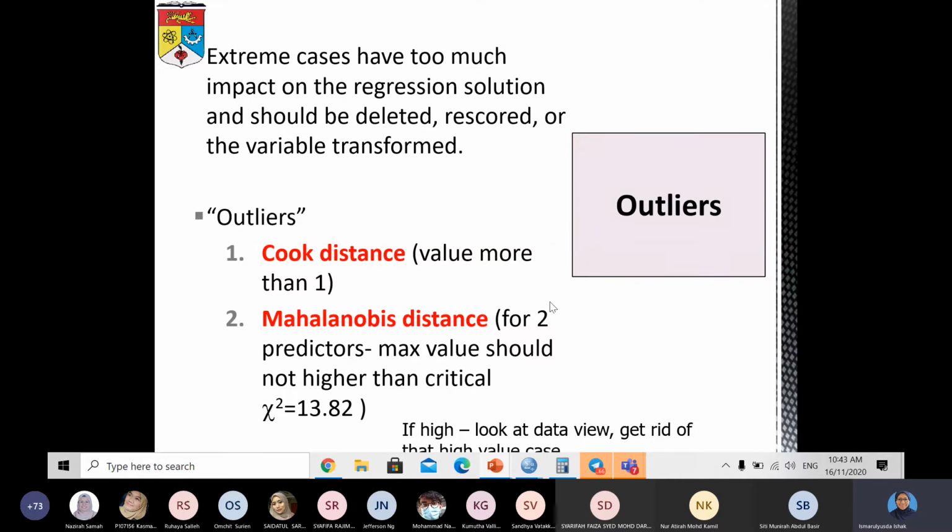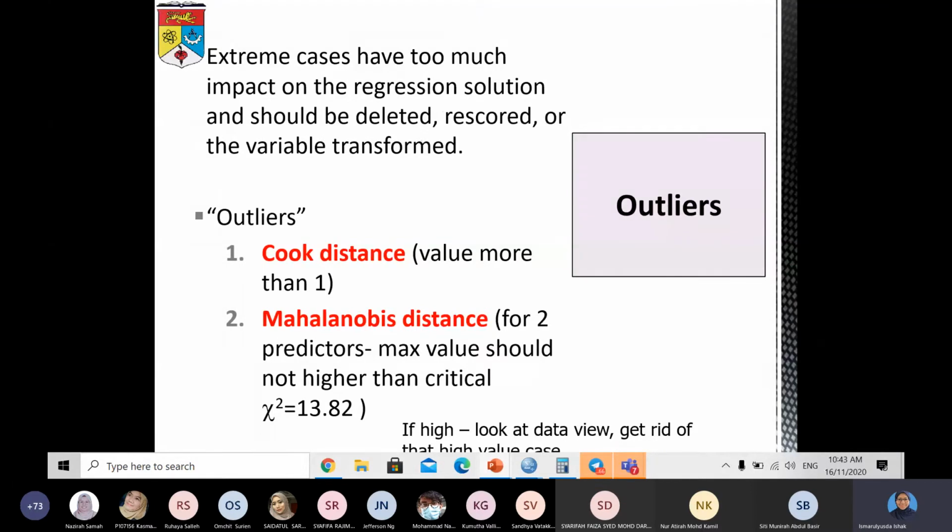I don't know the timetable. Okay, if high, look at data view, get rid of those high value cases. It shows that, from 100 respondents in the sample, respondent number 50 is the outlier.